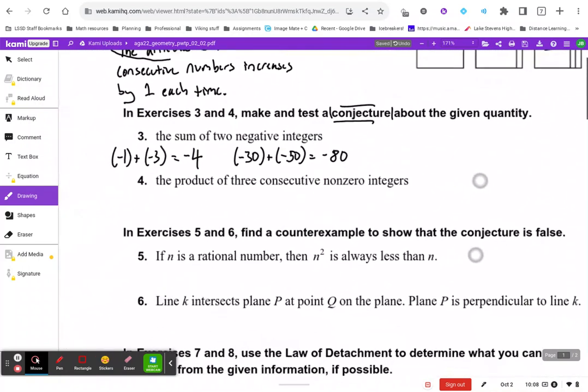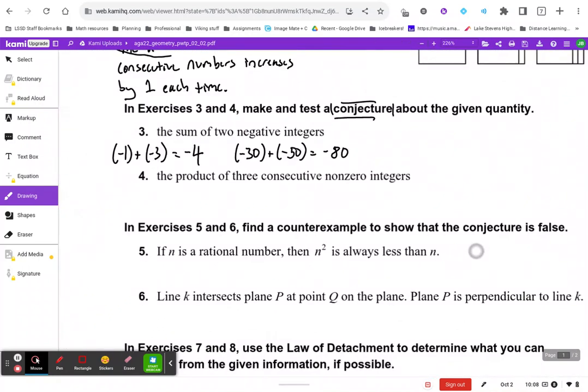Moving on to number three, making a conjecture. So a conjecture is a hypothesis based off of inductive reasoning, observing some kind of pattern. This is the answer to an addition problem. So the sum of two negative numbers, I came up with two examples here so that I could observe a pattern. -1 and -3.